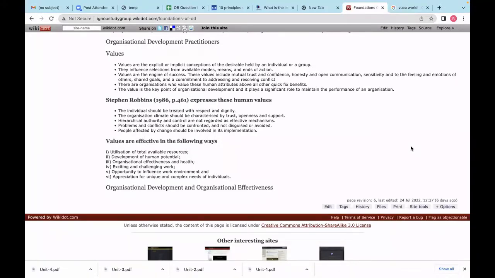But values are so important that they are called an engine of success. Whenever OD practitioners keep values on top, and they value people, and people's culture or values, they get benefits in a better way if all these things are kept in mind.